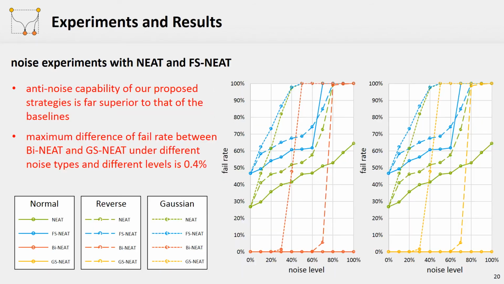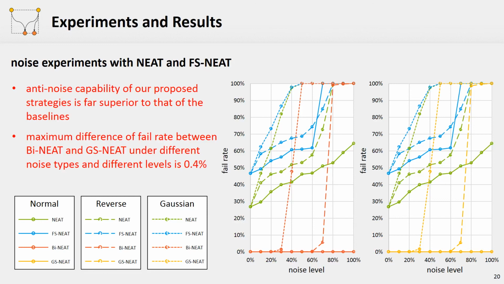Failure rate represents the probability that the algorithm cannot finish the task. The result shows that in the setting of normal noise, the failure rates of BiNet and GSNet do not increase. Under the reverse noise and Gaussian noise, they increase rapidly after 30% and 70% respectively.